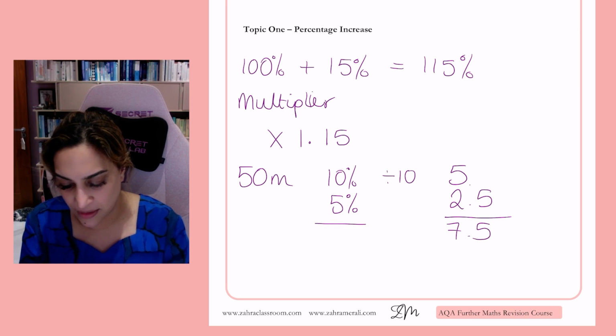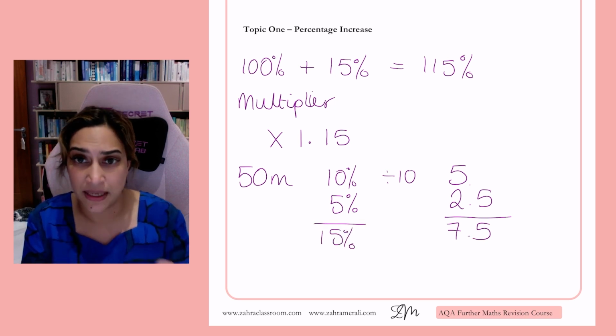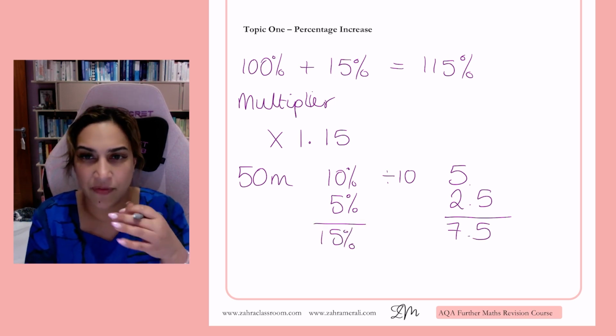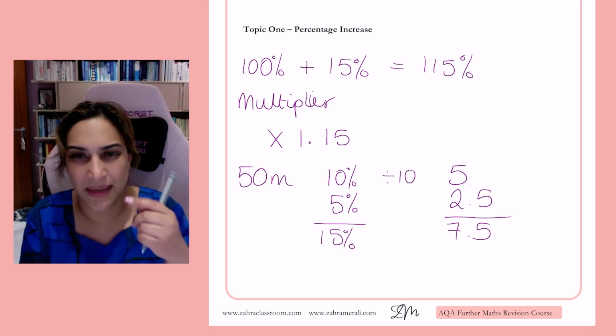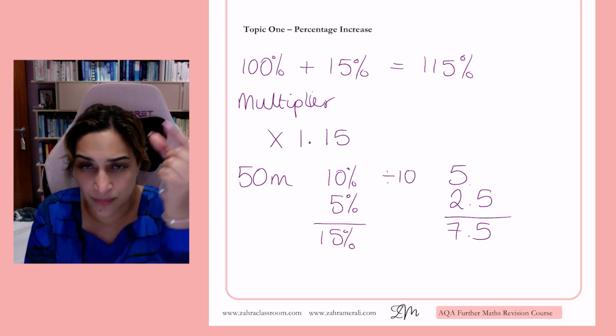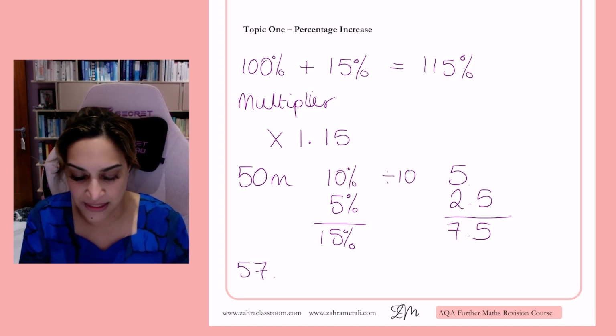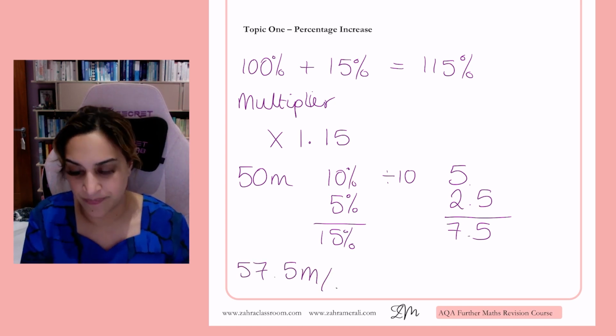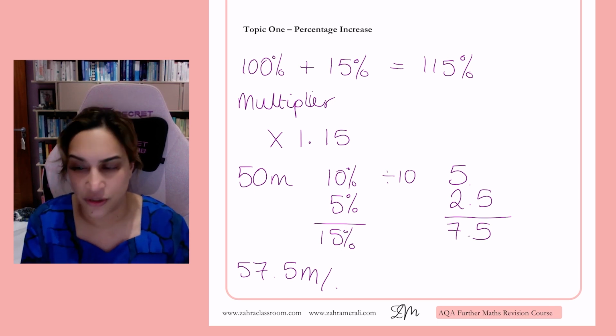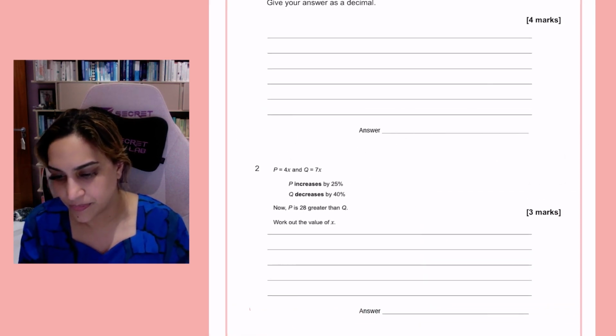So altogether, 15% would be 7.5. If I'm increasing it by 15%, I'm adding that extra bit, so it's the 100 plus the 15. That would give me 57.5 meters. This is going to make a lot more sense when we look at some exam questions.